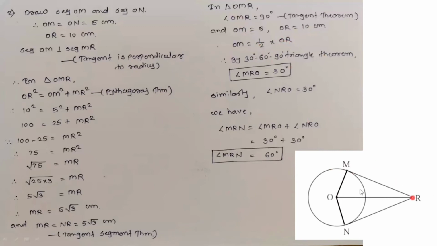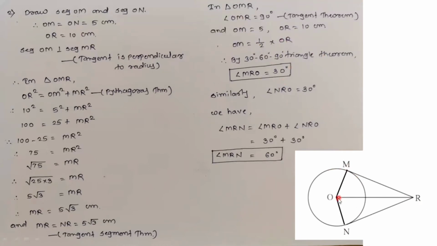So in this triangle, as the measure of angle OMR is 90 degree, this triangle must be a 30 degree, 60 degree, 90 degree triangle because the length of side OM is half of the hypotenuse. Hence, the angle opposite to side OM must be of measure 30 degree. So, the measure of angle MRO is 30 degree.